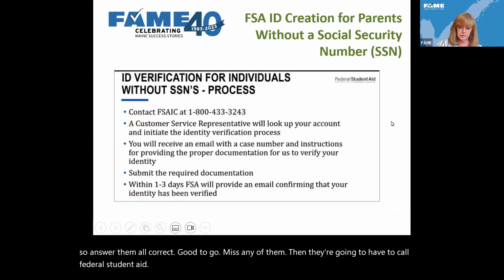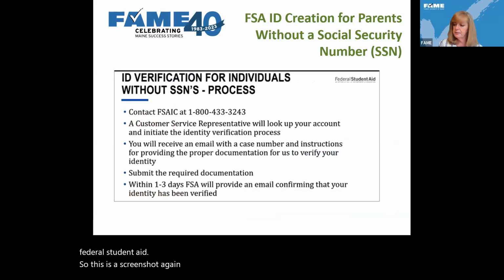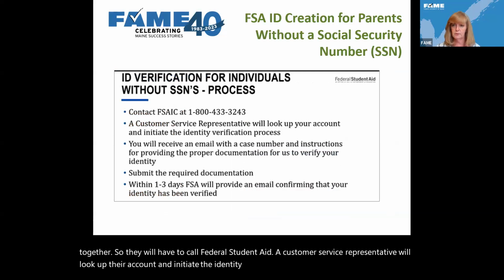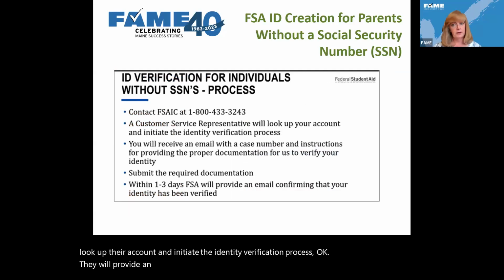This is a screenshot again from that presentation that federal student aid put together. So they will have to call federal student aid. A customer service representative will look up their account and initiate the identity verification process. They will provide an email. This is one of the reasons I think why everyone has to have an email.